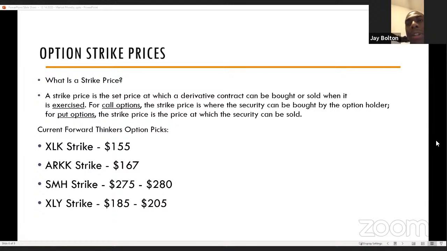So we have the right, but not the obligation. We have control of everything, but we don't own it. We're paying for the control of XLK for a set time frame, unless we choose to exercise our option and own it for a much cheaper price in the future when 2023 does come around.